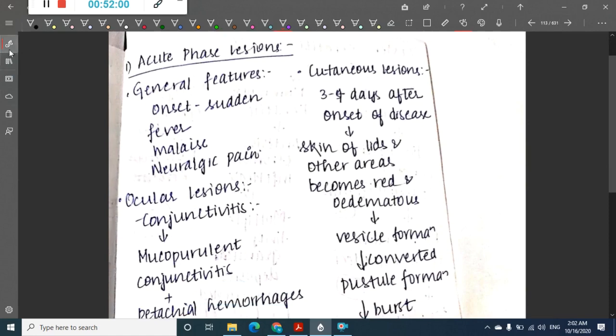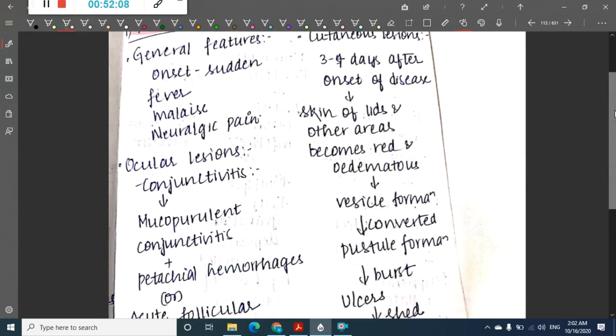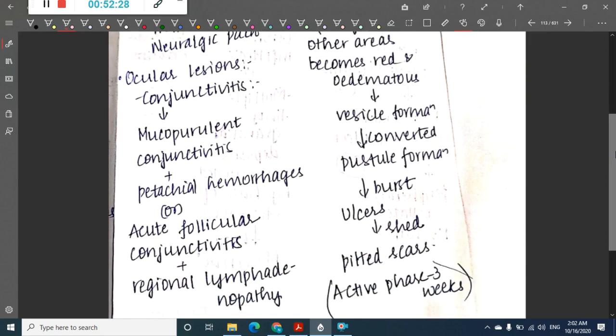First, in the acute phase lesions, general features will be there, even cutaneous: the normal chickenpox-like lesions, first vesicle formation, then pustules, which might rupture resulting in ulcer, and then scar.